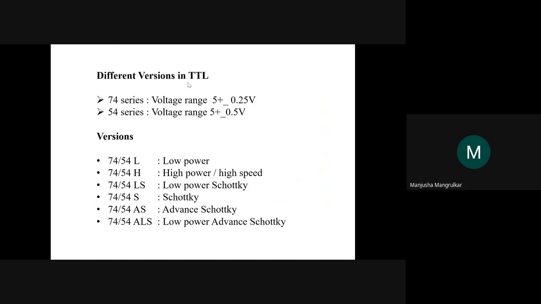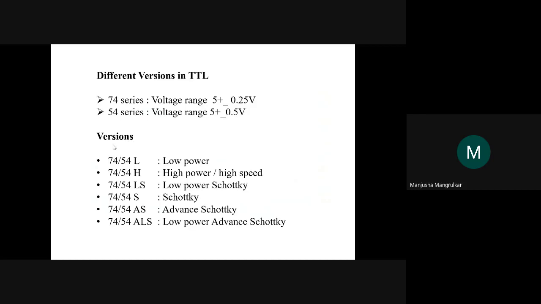Now TTL has various series, that is the 74 series and 54 series. The 74 series voltage range is 5 plus minus 0.25, meaning this IC can be driven from 4.75 to 5.25. The 54 series voltage range is 5 plus minus 0.5, so these ICs can be driven from 4.5 to 5.5, right?